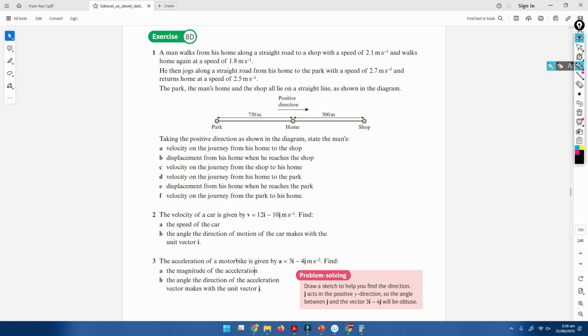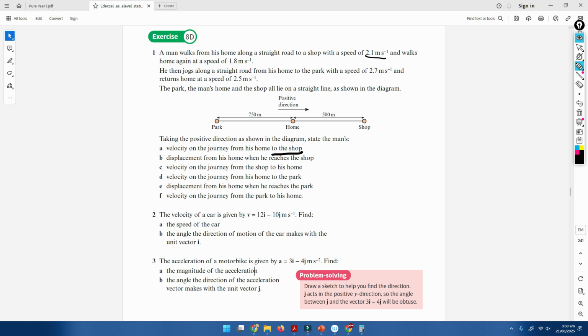So velocity on the journey from his home to the shop. This is already given in the question. The man walks from his home along the straight road to the shop with the speed of 2.1 meters per second. This is the velocity of the man from his home to the shop.